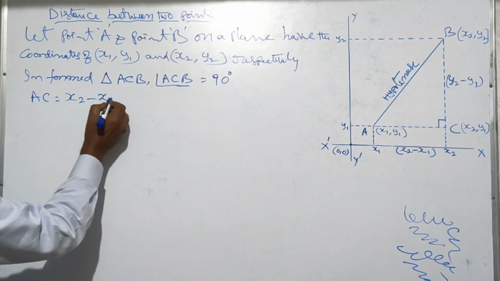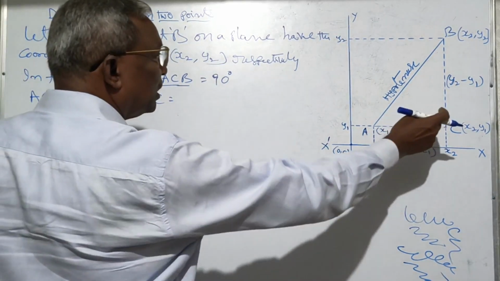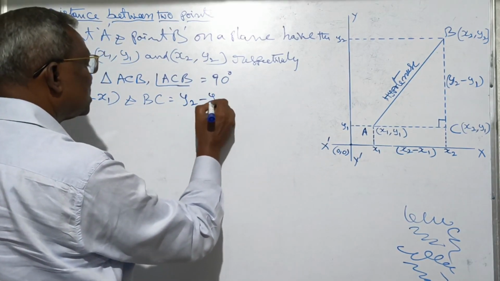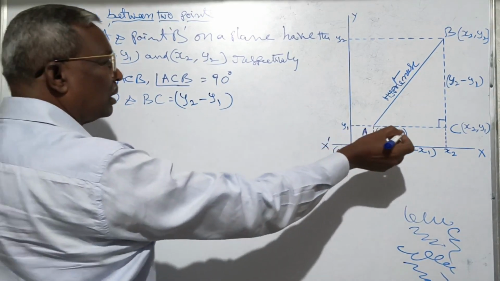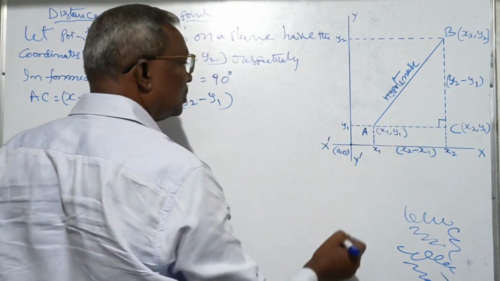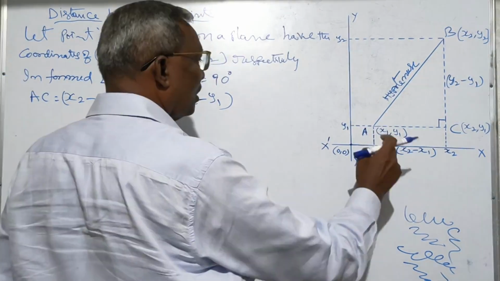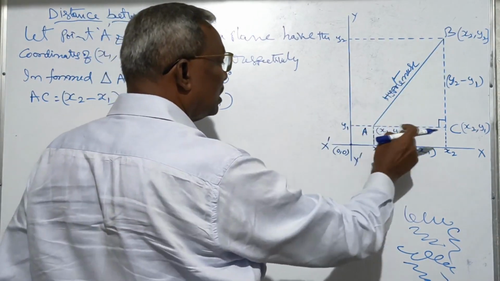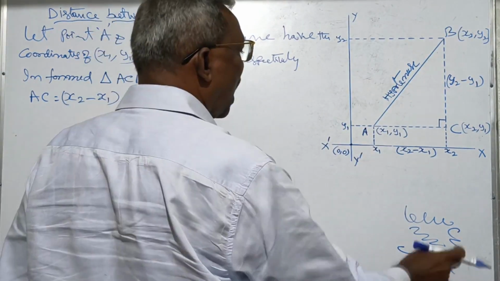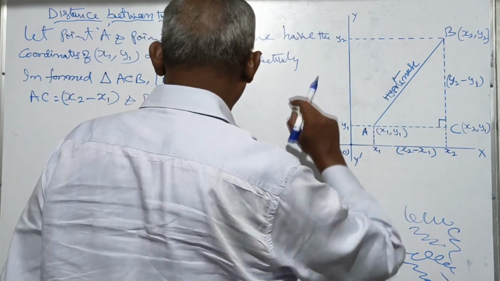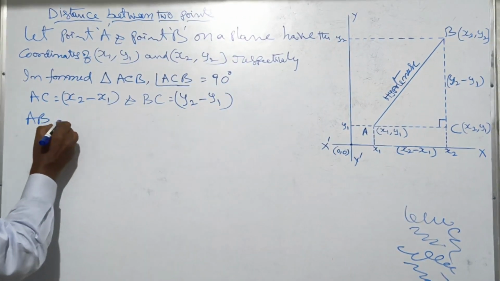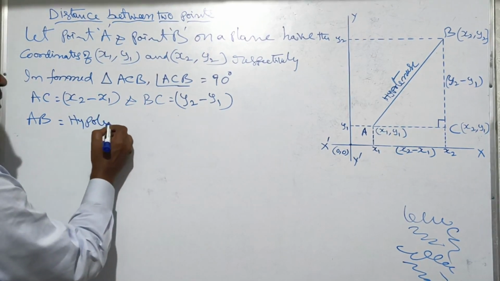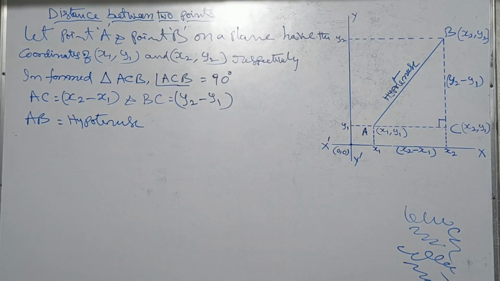Similarly, BC is equal to y2 minus y1. Next, AB is the hypotenuse, since in a right angle triangle, the side opposite to the 90 degrees is the hypotenuse.